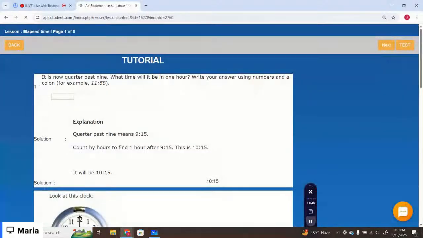It is now 9:15. What time will it be in 1 hour? Write your answer using numbers and a colon. So it is 9:15. A quarter means 15 minutes, right? That means that is 9:15. So what time will it be in 1 hour?